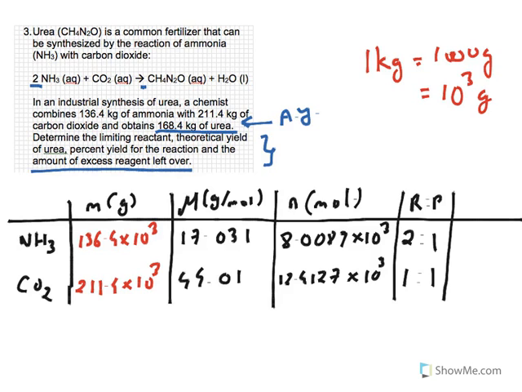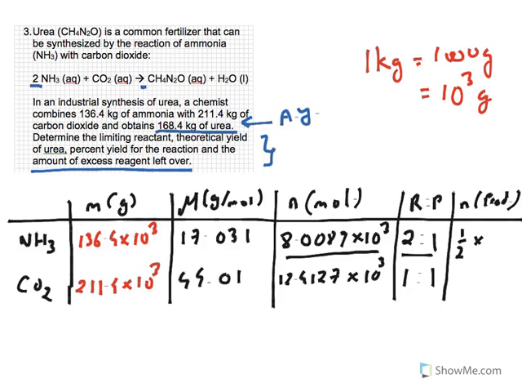Now, since we know the reactant to product ratio, we can clearly and easily figure out the moles of product that we can produce from each of these reactants. So for ammonia, we know the ratio is 2 to 1 from reactant to product, so the products that will be produced will have moles of half times the value that is over here.